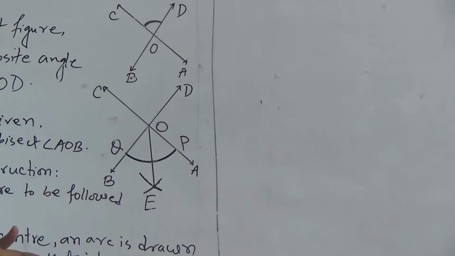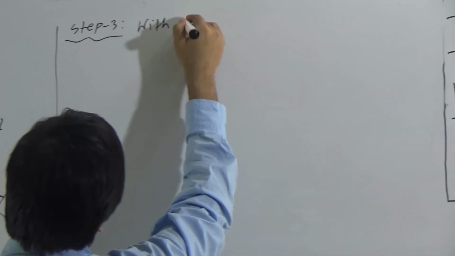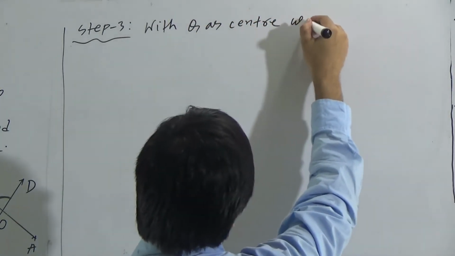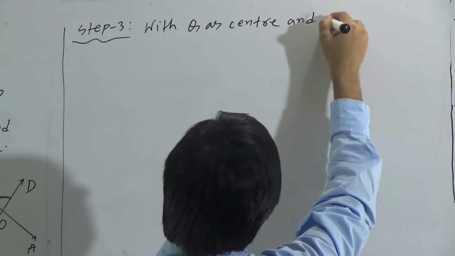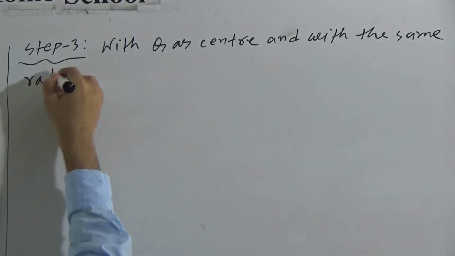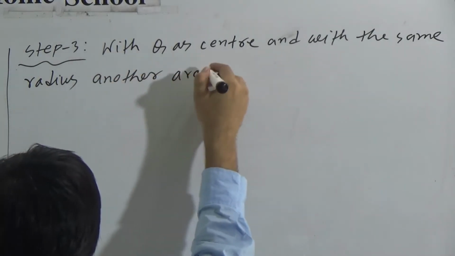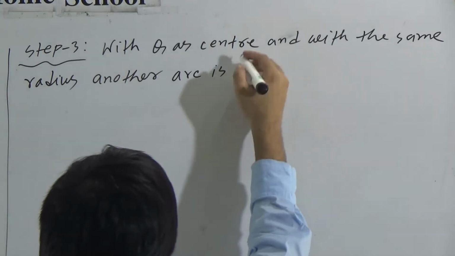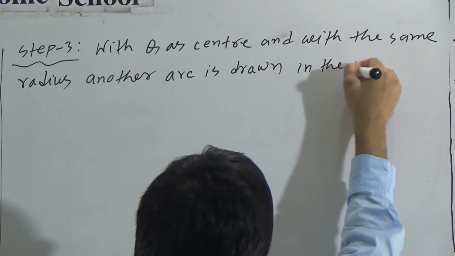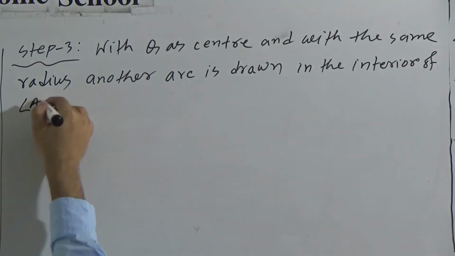Another arc is drawn in the interior of angle AOB with Q as center with the same radius.